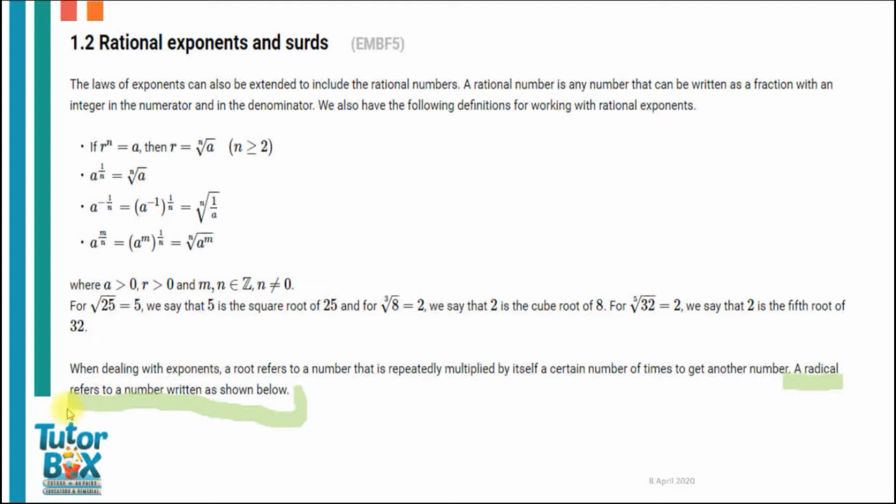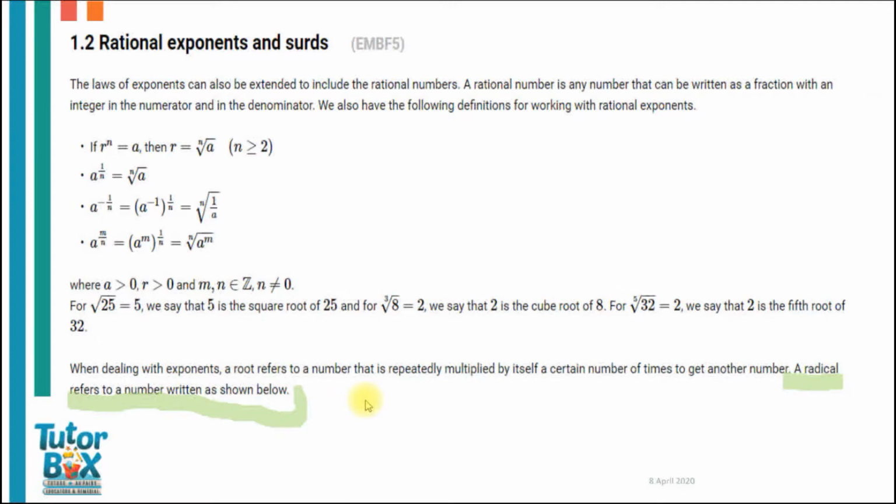Now, it says when dealing with exponents, a root refers to a number that is repeatedly multiplied by itself a certain number of times to get another number. It's just like how here we say that 5 was the square root of 25. And then a radical refers to a number written as shown below.